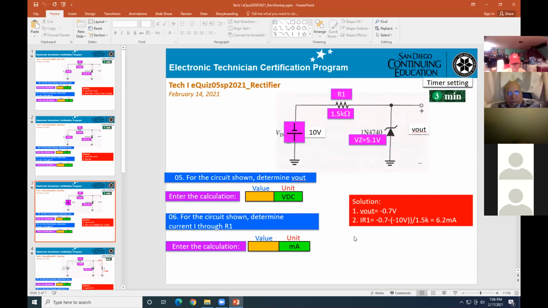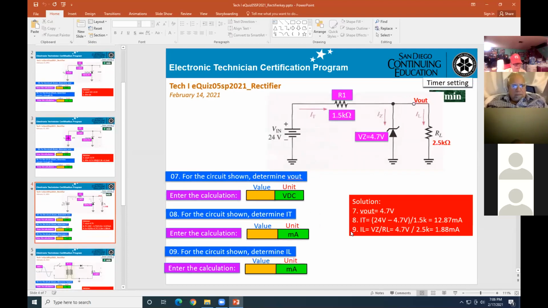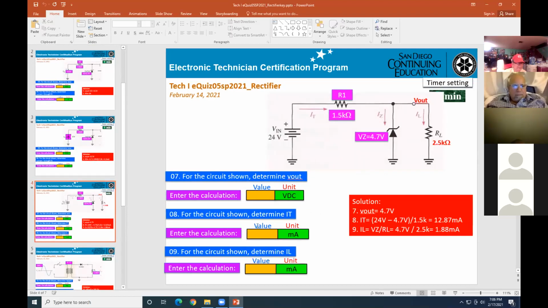Okay, 5 and 6. 5 will be minus 0.7. 6 will be 6.2 milliamp. Okay, 7, 8, 9. 7 will be 4.7. 8 will be 12.87. 9 will be 1.88 milliamp.